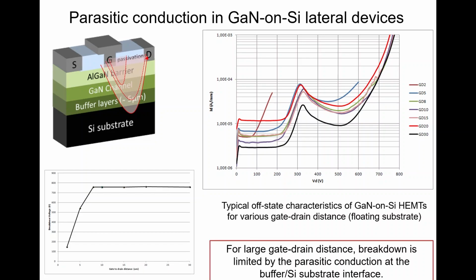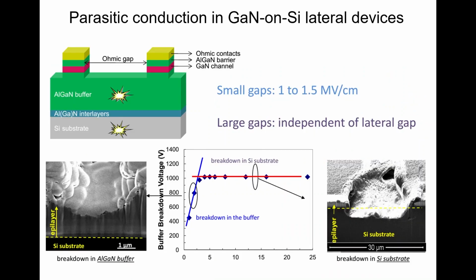Okay. So, yeah, that's what I was mentioning here. So for large gate drain, let's say beyond 10 micron, you are limited by the parasitic conduction here. And actually, we showed that a long time ago at IMEC, at my time there. So we showed physically the breakdown between a short gate drain distance here.